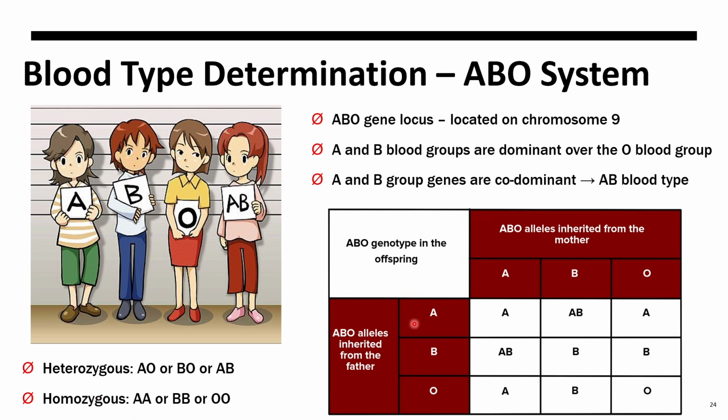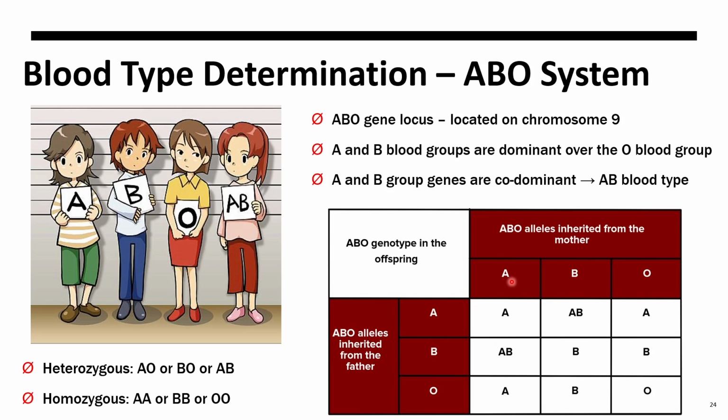So let me first explain how this works. If you get an A allele from your mother and an A allele from your father, your genotype will be AA and your phenotype will be A. If you get A from your mother and B from your father, because A and B are co-dominant, your blood group will be AB.